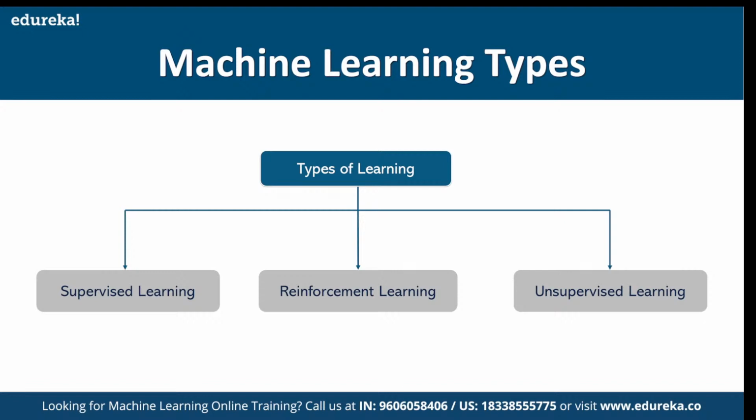A typical example is self-driving cars. Using its surroundings, the self-driving entity understands what particular decision needs to be taken.